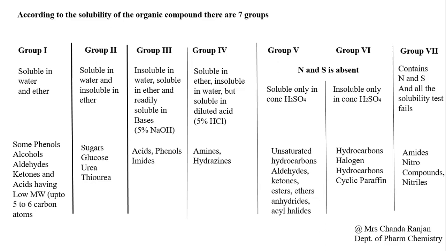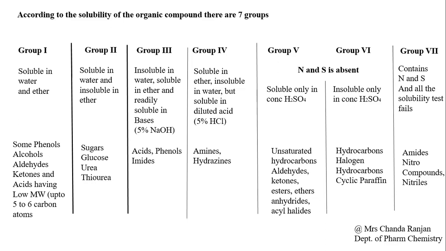These 7 groups we have, and different compounds and different functional groups are there. We have to see the solubility parameters of those compounds and we can make out which group it can be. It will be a prediction. It won't be a surety, but you will get a little bit of an idea out of it about which group it is in. Like, it is insoluble in water but soluble in ether and readily soluble in bases.